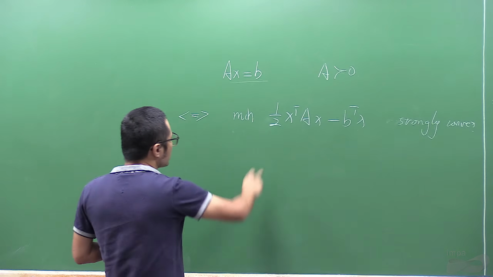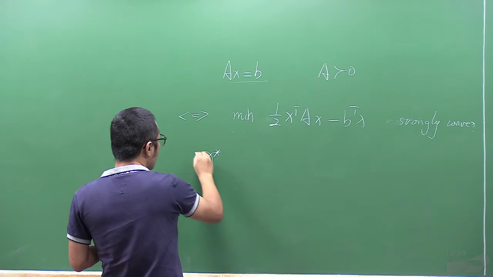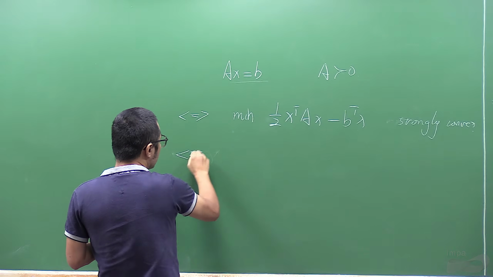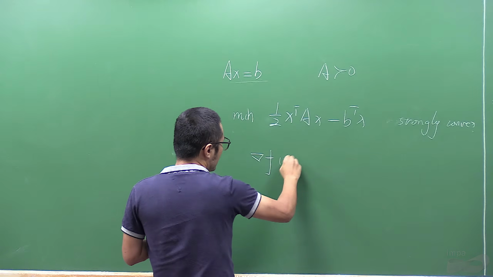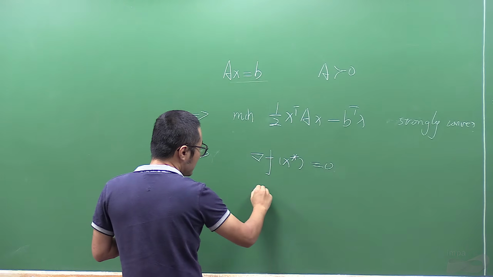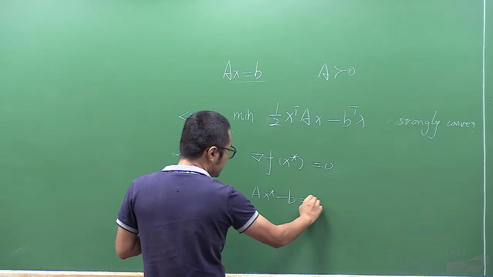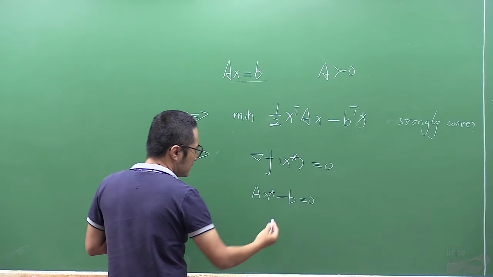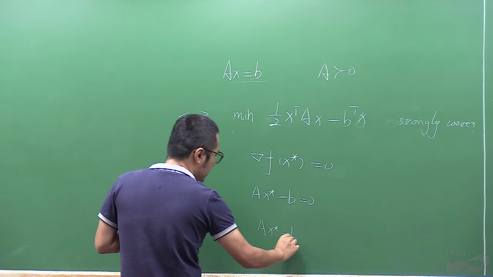And the solution, for example, if we assume x star is the solution of this problem, then we know the sufficient and necessary condition is that the gradient of f at x star is equal to 0. This is actually A x star minus b equals 0, sorry, this is x, and this is just A x star equals b.